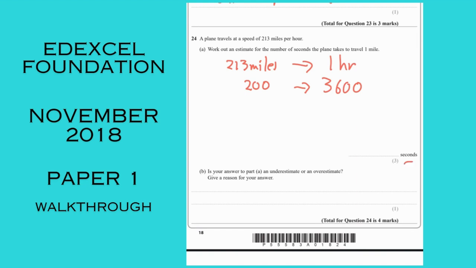It wants us in seconds, so best to get into seconds as soon as possible. And it's a non-calc paper, so obviously 213 is a rotten number. Let's go for 200. If I want to go from 200 miles to 1 mile, I would divide both sides by 200.